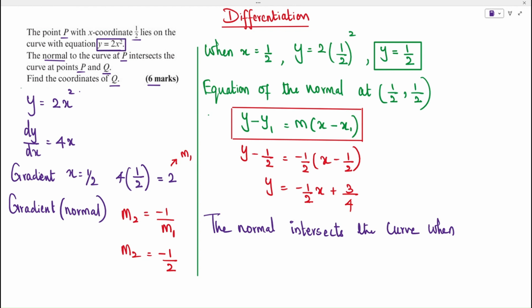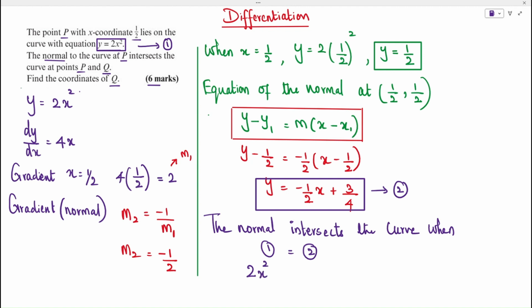And our equation for our normal is y equals minus 1 over 2x plus 3 over 4. Now, since both equations have y, we can equate them together. So we're left with 2x squared is equal to minus 1 over 2x plus 3 over 4.